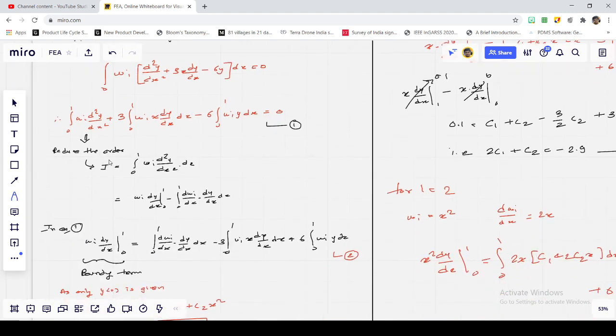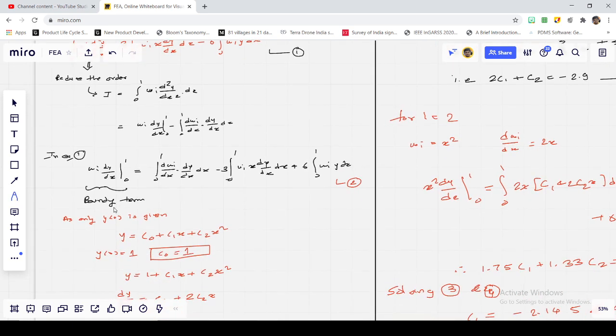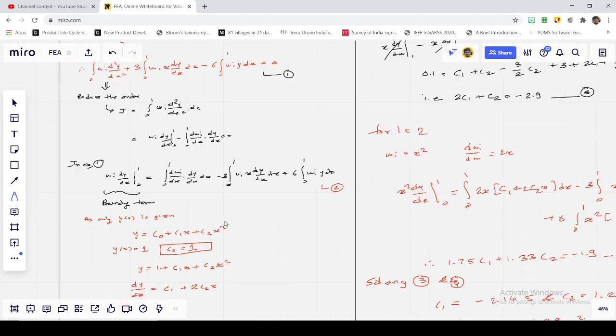And the important step is this: to reduce the order, higher order, you will always integrate the initial value of u into v. So you will substitute u into v, get the order lower, then apply the boundary term for the term which you are getting other than integral. So three integral terms we take on one side, and then we solve for boundary term.